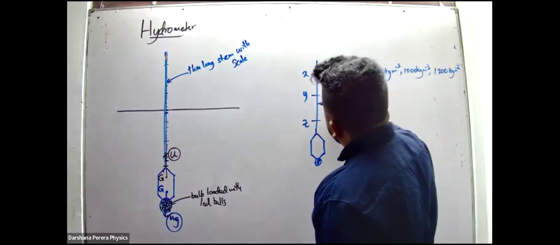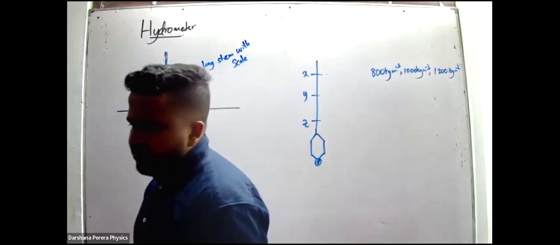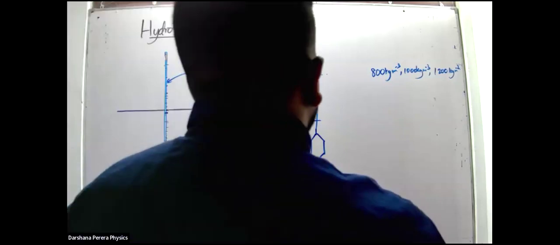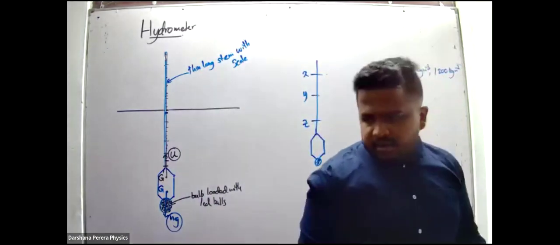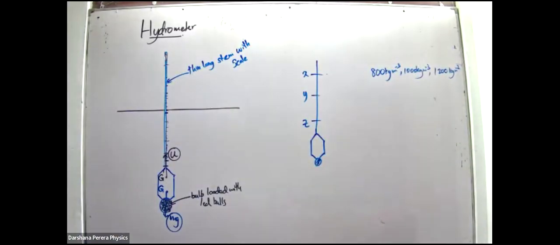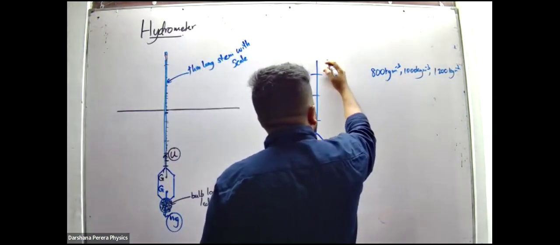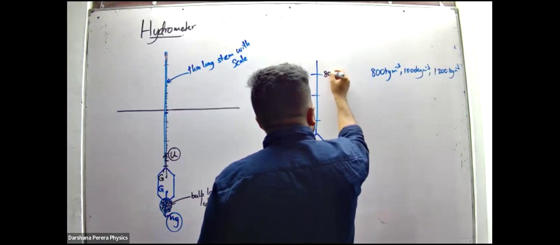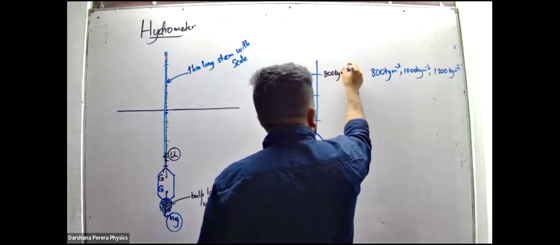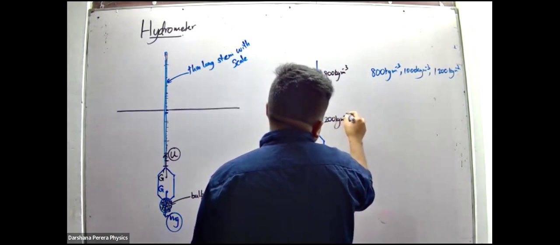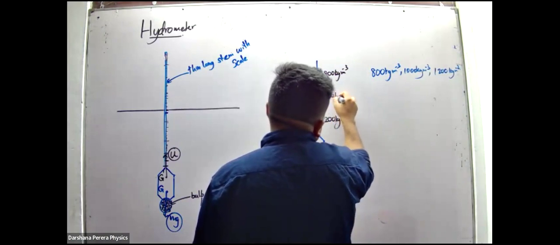So what is x, what is y, what is z? Okay, give the answer. Write down that also. Therefore, x is 800 because it's going down. This is 1200. This is 1000.